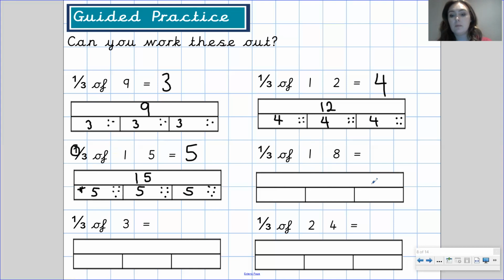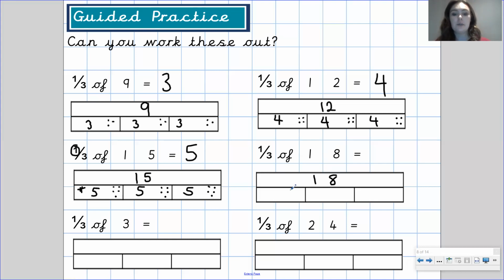So what are we going to put in our whole on our bar model? Well done, we're going to put 18. Okay, and what are we going to do next? Well done, we're going to share 18 out.